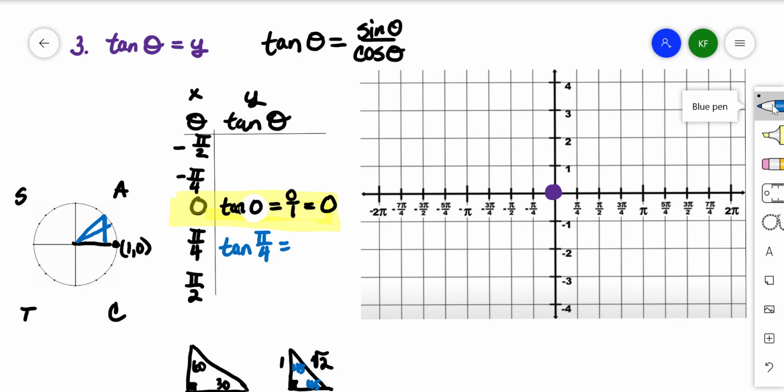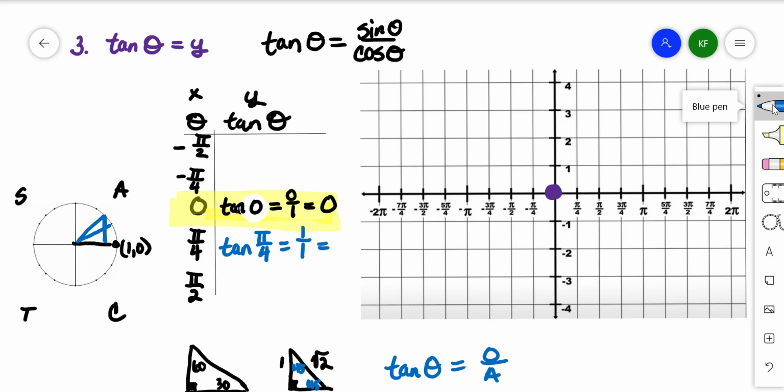I'm going to bring that triangle out because instead of doing sine over cosine, which could get complicated, like I showed you at the beginning of the video, if you use the triangle, tangent is the same thing as opposite over adjacent, then it just becomes a lot easier. So 1 over 1.